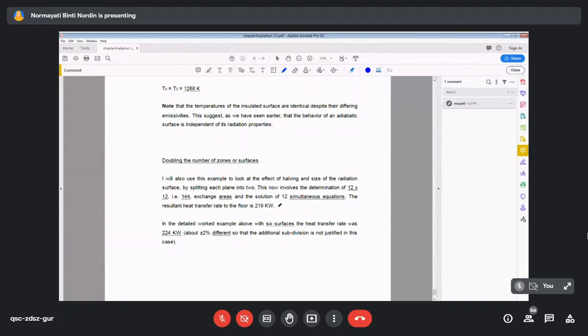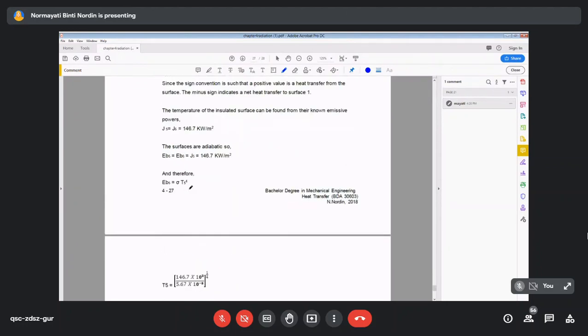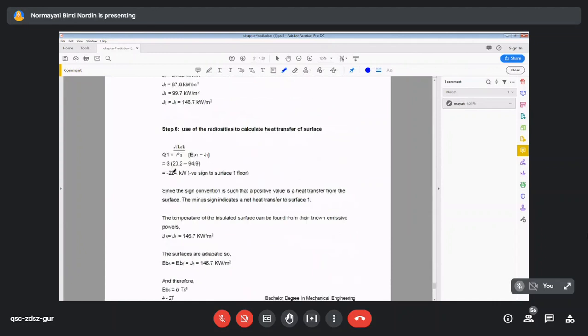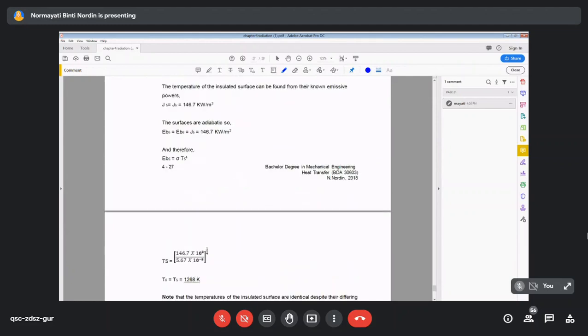Okay, dan result dia beza dia tadi, kalau 12 zon you end up dengan Q1 adalah 219 kilowatt. Tadi you split kepada 6 zon, you dapat 224 kilowatt. Beza dia signifikan ataupun tidak? Guys? Sikit je. Sikit saja.